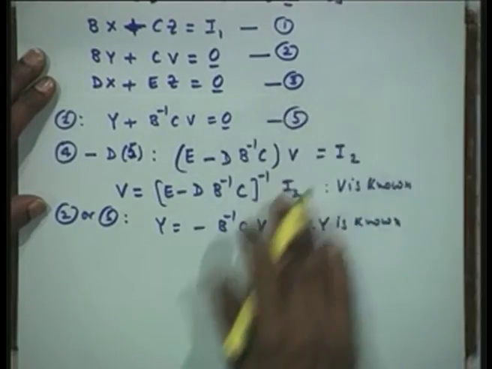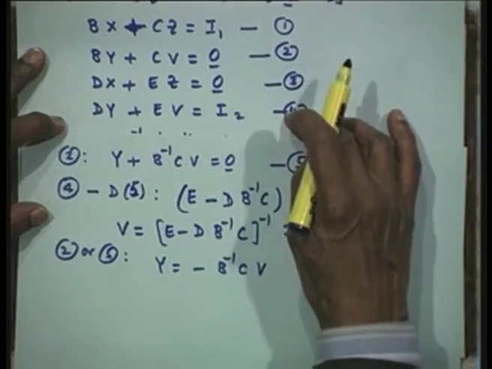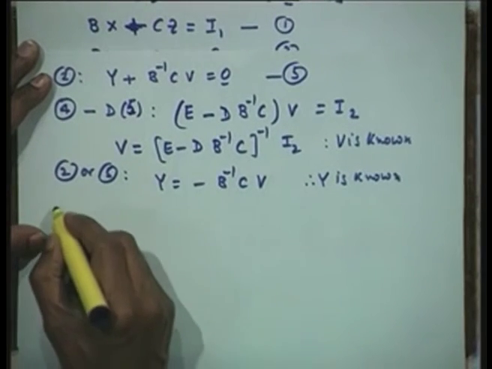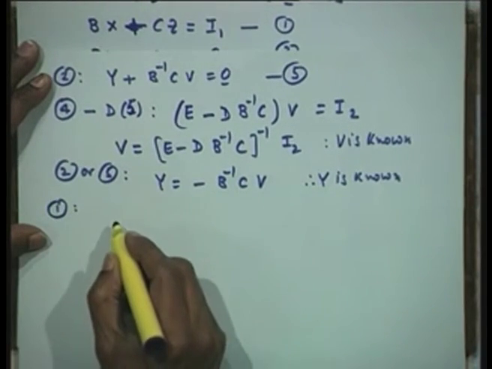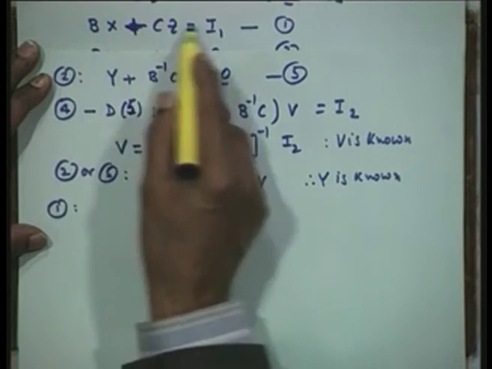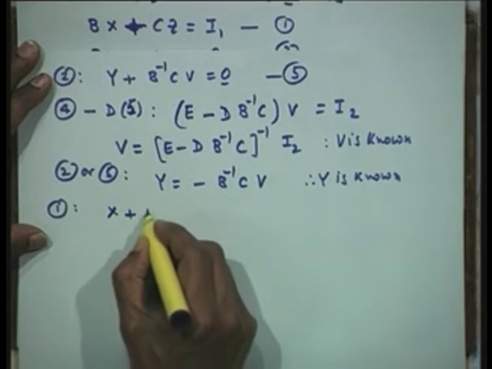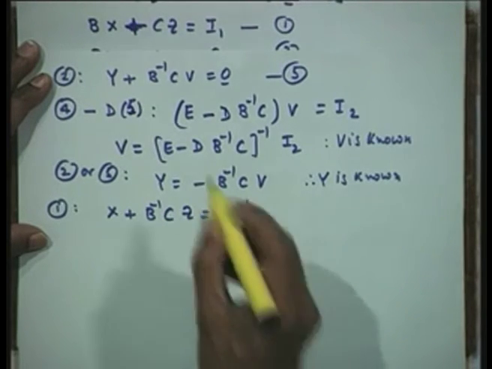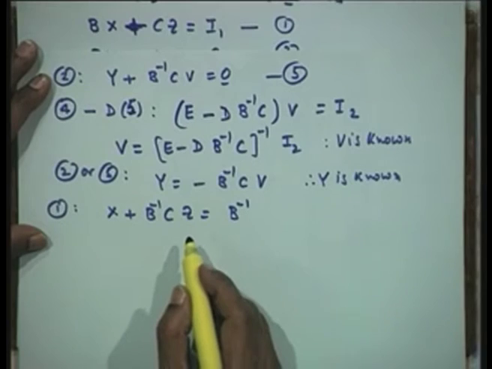Now I have manipulated equations 2 and 4, I will do similarly for 1 and 3. So let us take equation 1, again pre-multiply by B inverse. So we will have x plus B inverse C Z is equal to B inverse.